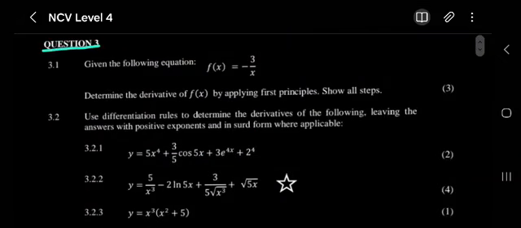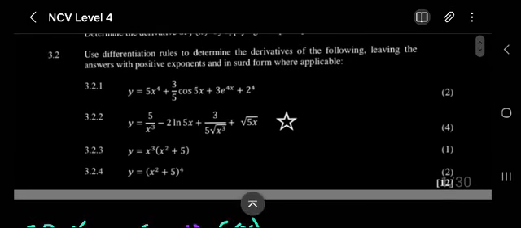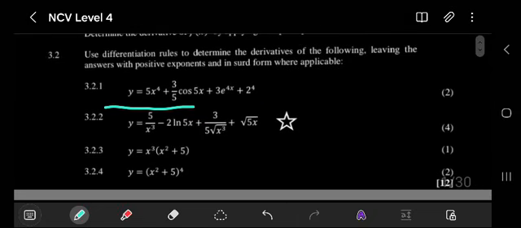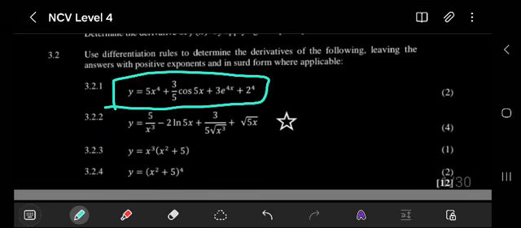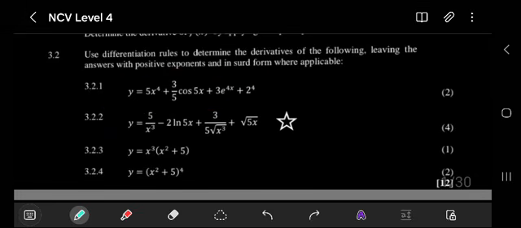Then 3.2 says we are given these derivatives, we should differentiate that, right?